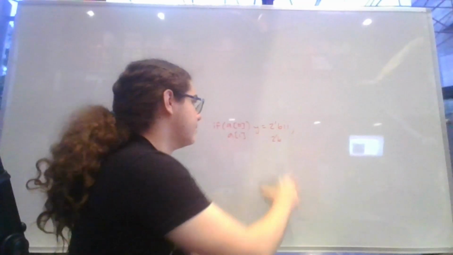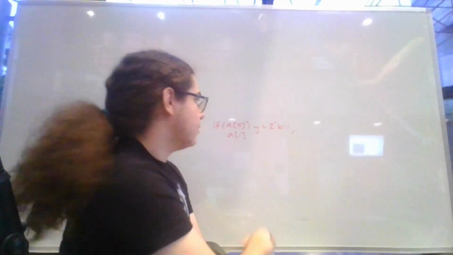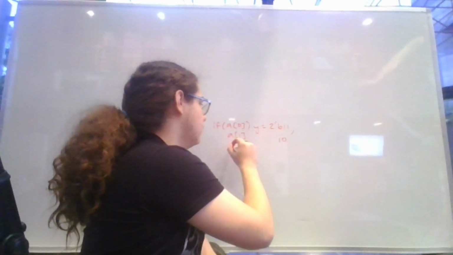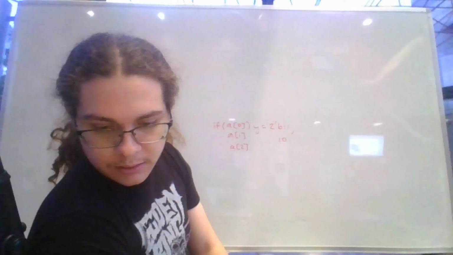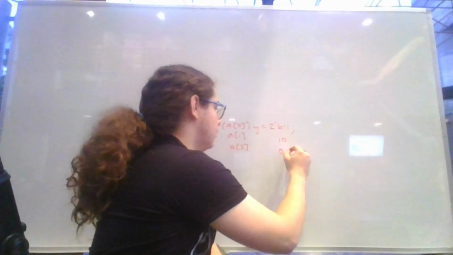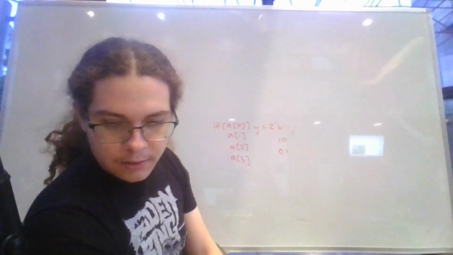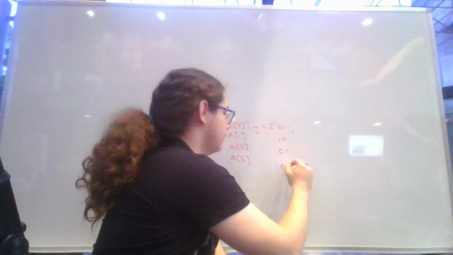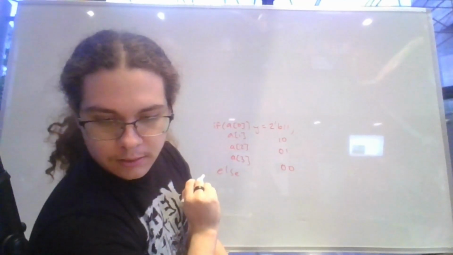And I'll just do it like this. Next one is 1, 0. Next one is 1, 0, 0.